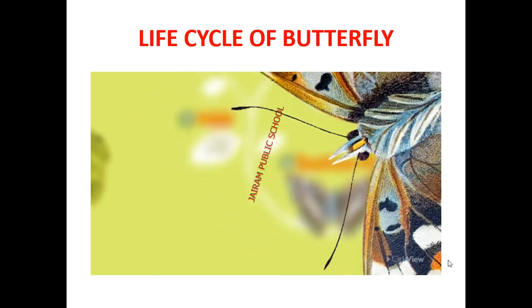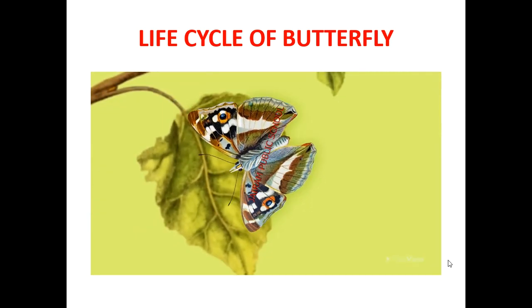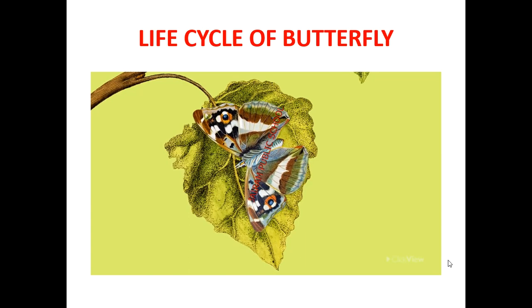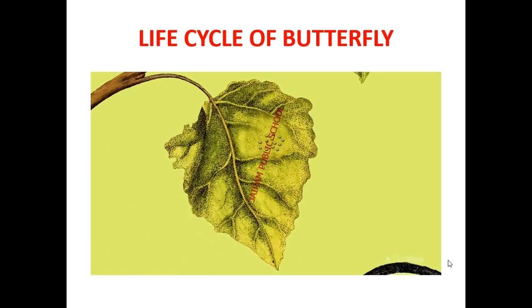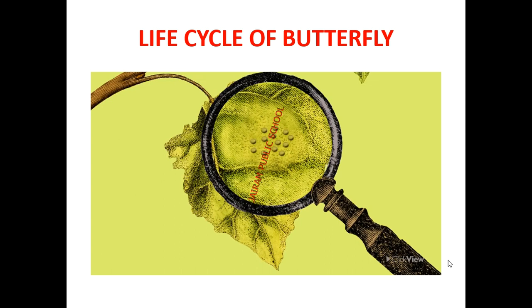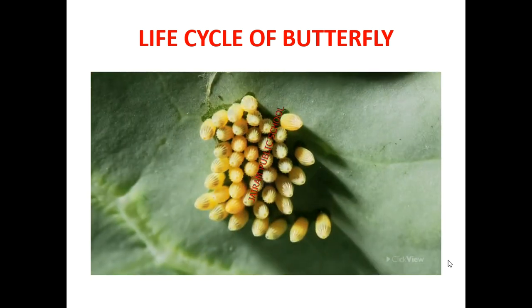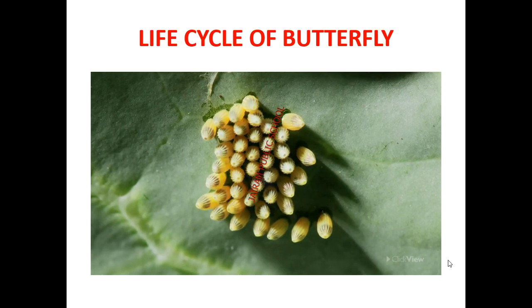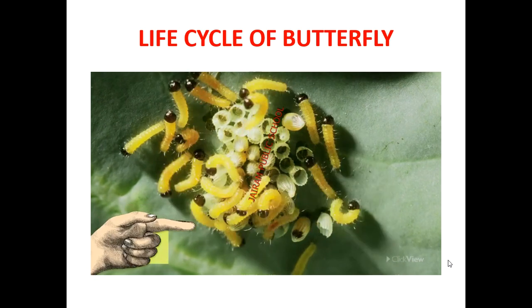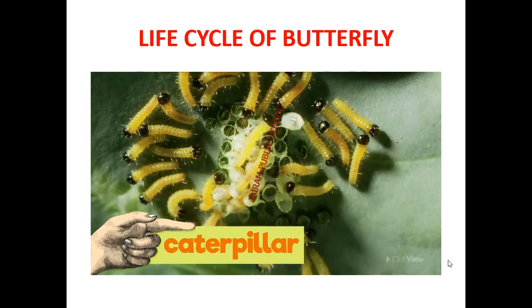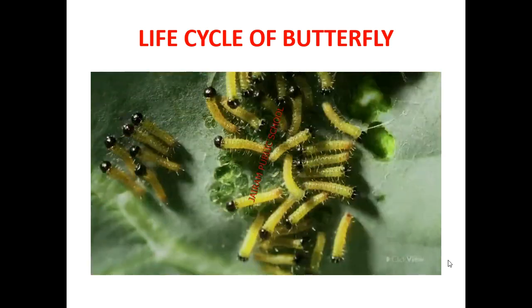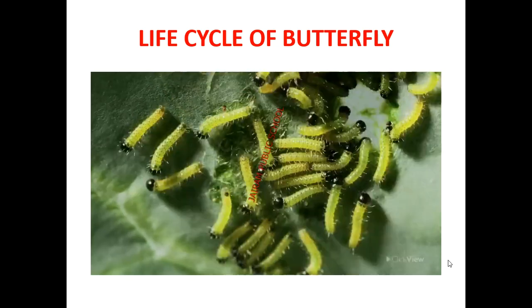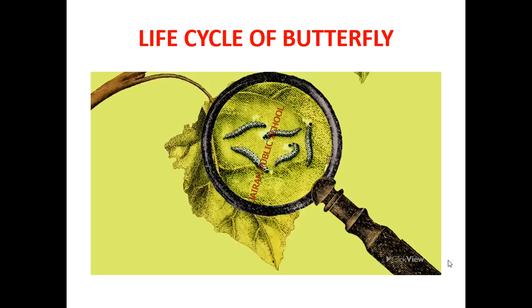It all begins when a female butterfly lays her eggs. Inside these eggs, caterpillars begin to grow. Once an egg is ready, it hatches and out comes a larva, also known as a caterpillar. The caterpillar leaves its egg behind, finds a leaf, and starts eating and eating and eating.